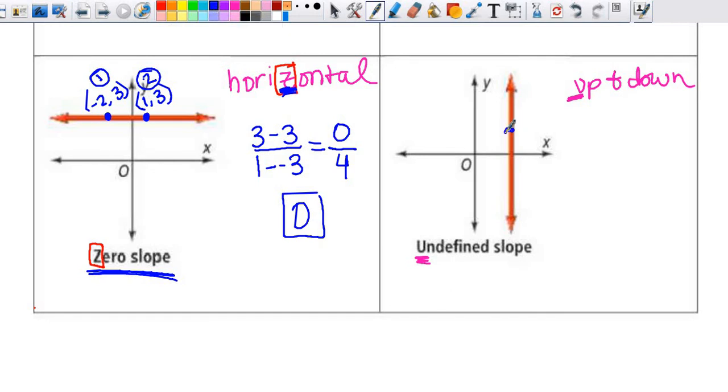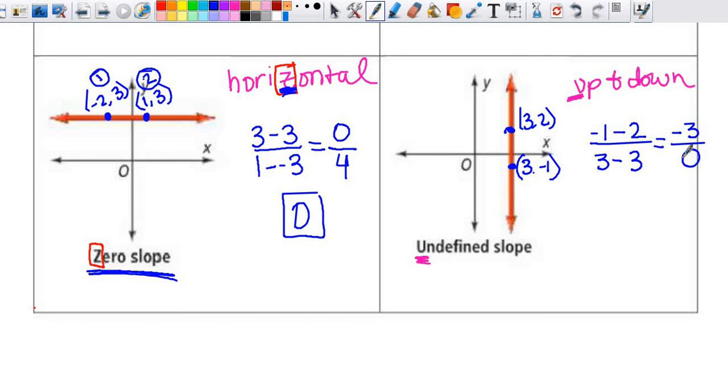All right, so right here looks like it is at about 3, 2. And let's say right here we're at about 3, -1. We plug that into our slope formula, y2 minus y1 over x2 minus x1. -1 minus 2 is a -3. 3 minus 3 is 0.